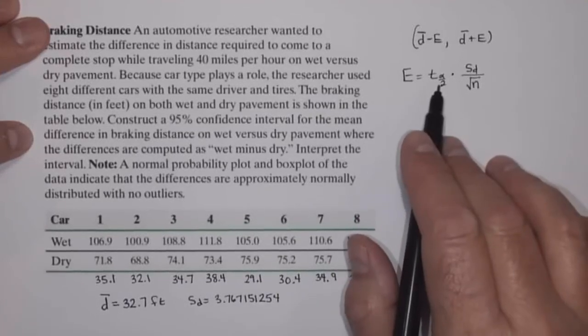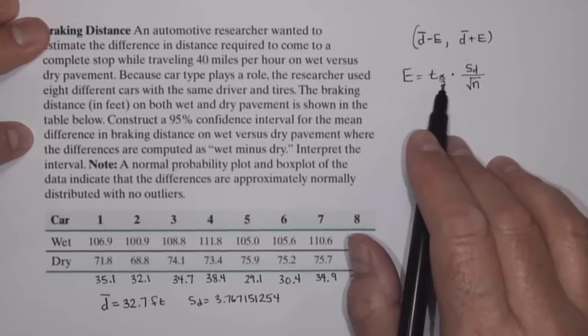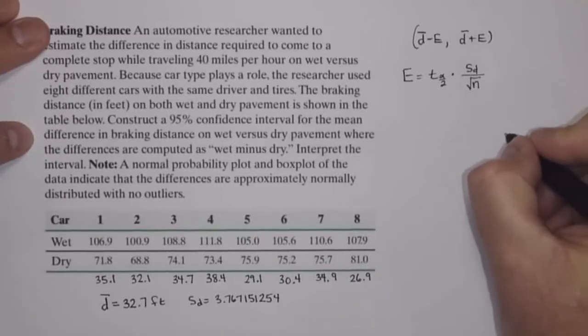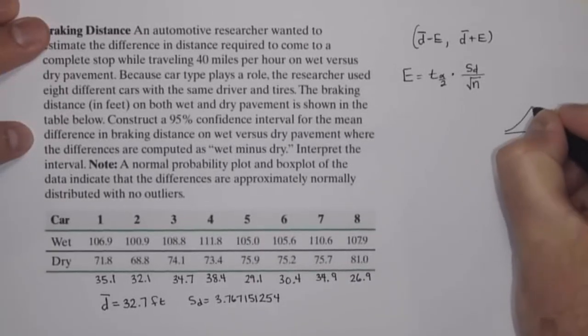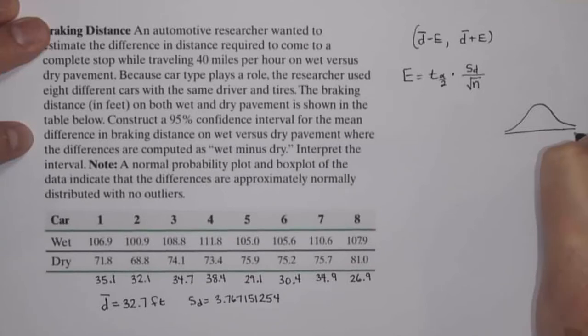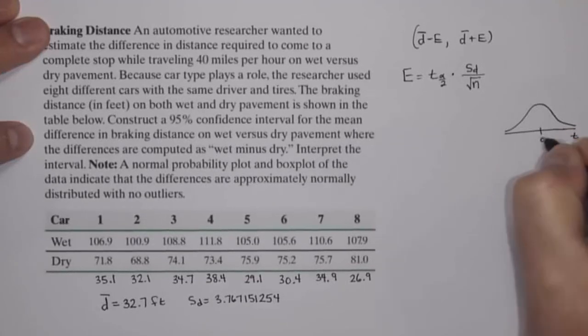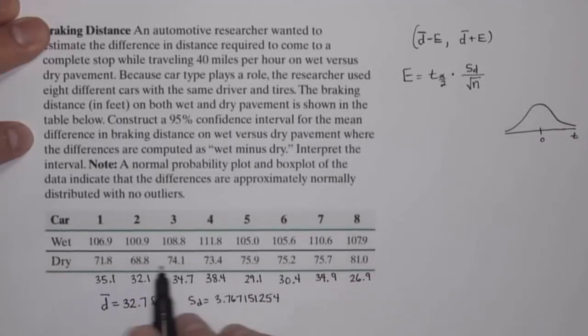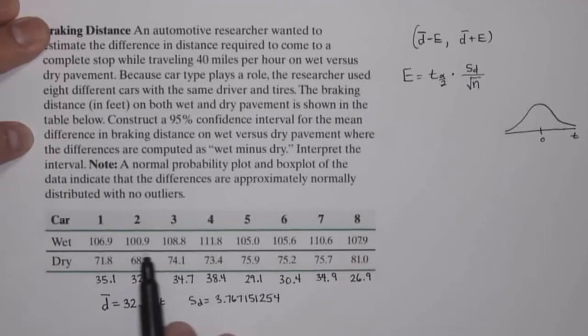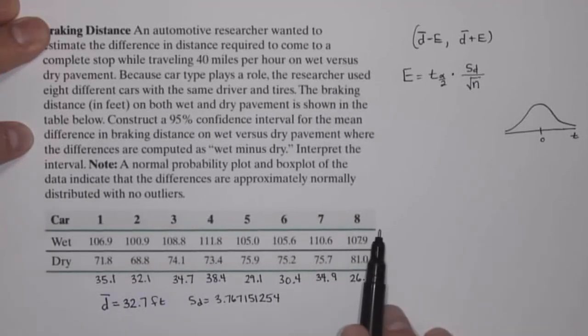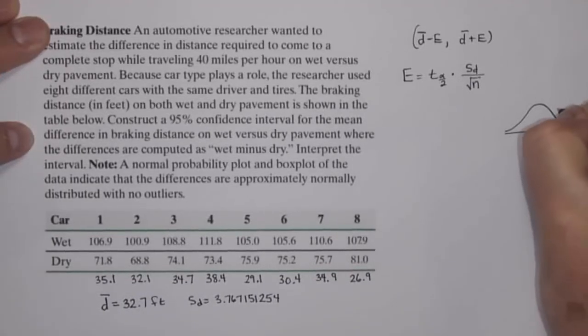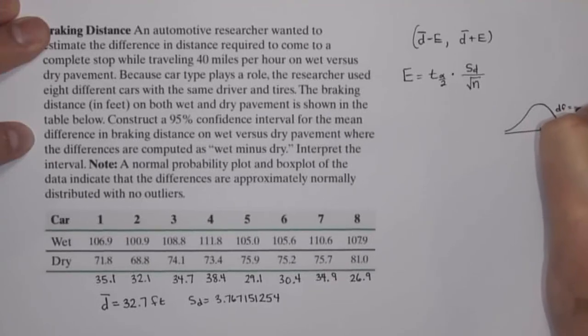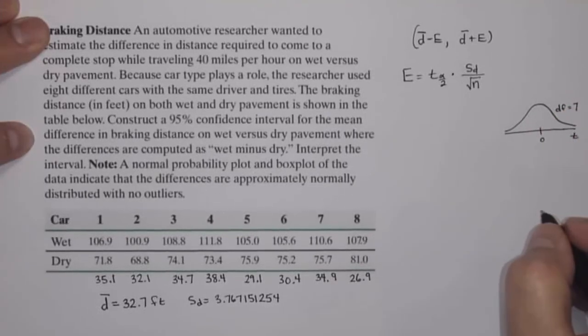So we've got to figure out what that t sub alpha over 2 is going to be. So let's do that here. Now in this case, we're dealing with a t distribution. And our t distribution has 7 degrees of freedom because our sample size is 8. We have 8 pairs of data, so n is 8, which means the degrees of freedom is equal to 7.